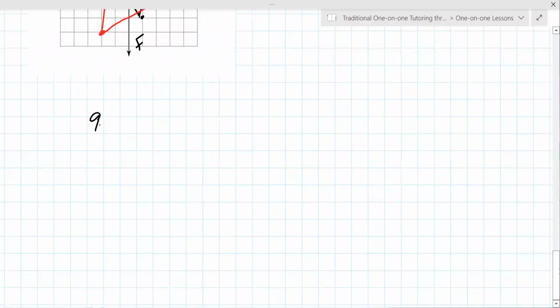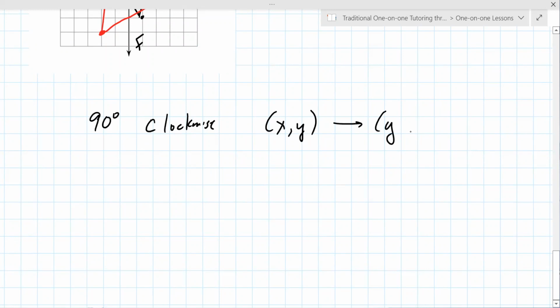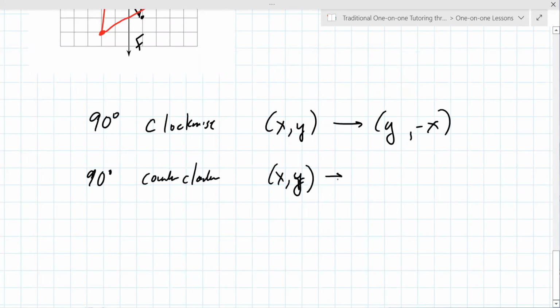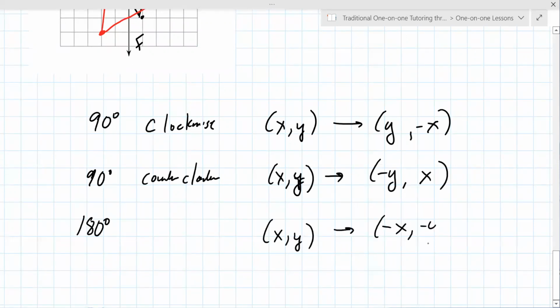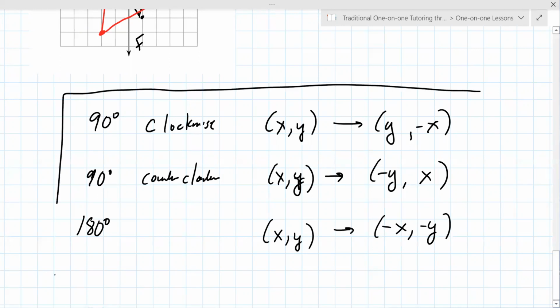The 90-degree clockwise is X comma Y goes to Y comma minus X. The 90-degree counterclockwise, X comma Y goes to minus Y comma X. And the 180 degrees, doesn't matter which direction, you negate the X and you negate the Y. So this in summary is what you have to know.